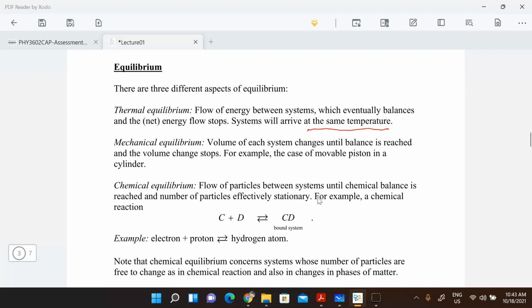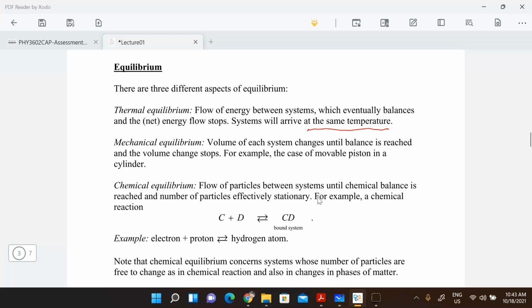So the chemical equilibrium is mostly with respect to the type of particles involved in the interaction. Usually we think of some chemical reactions, for example, like this. You have a species C put together with species D, and they interact to give you a new species, bound system CD, for example.